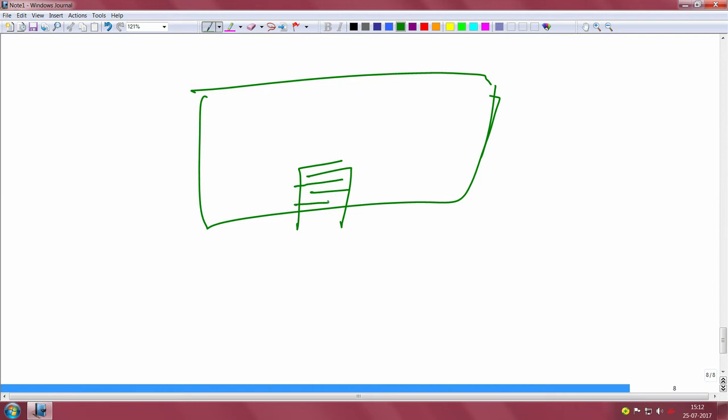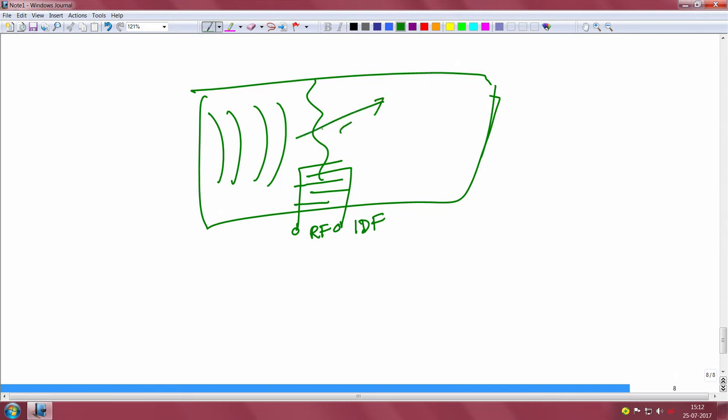Let us consider this as a very crude IDT pattern. We can apply RF to this and create a surface acoustic wave in this. So, if you launch light across this acousto-optic grating, you can expect the light to be deflected in a particular direction based on the grating pitch.